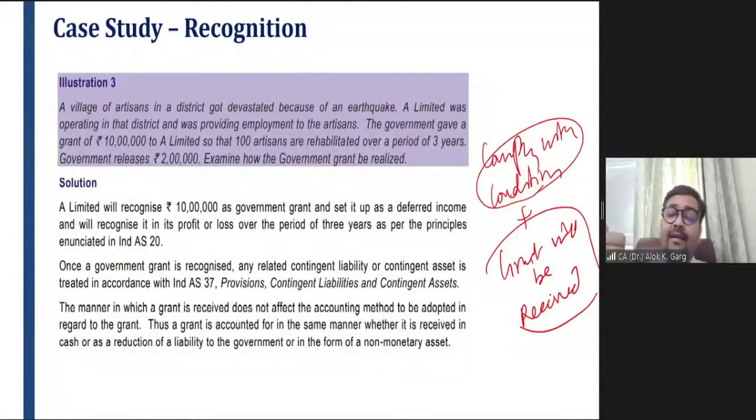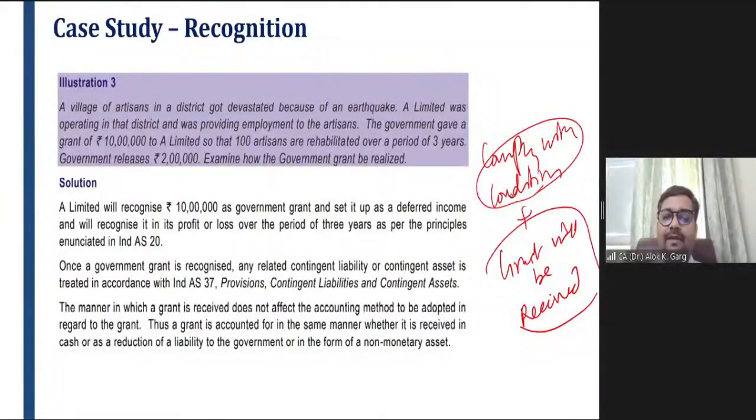In the second year, the entity will recognize 67% of the government grant and disclose the related contingent liability also. In the third year, if the entity complies with 100% of the conditions, of course, no contingent liability is required to be disclosed. And if it is not 100% at the end of the year, a liability is going to be recognized for repayment of the government grant, and this grant receivable has to be reversed.